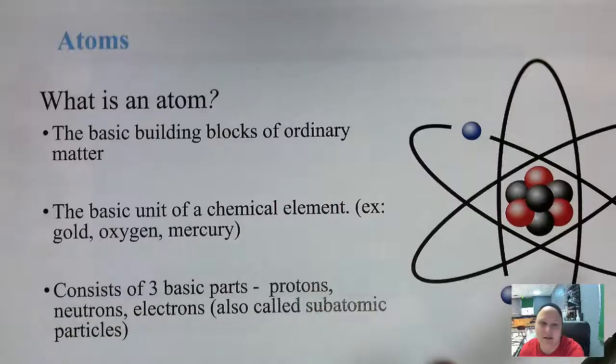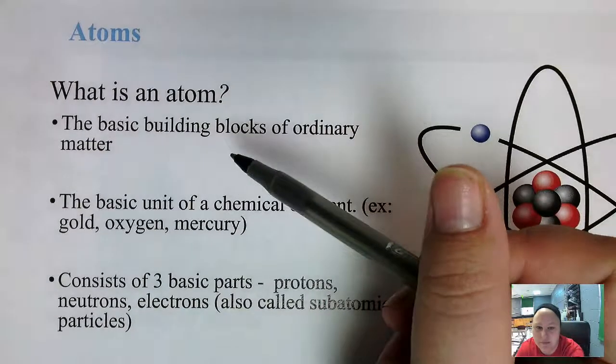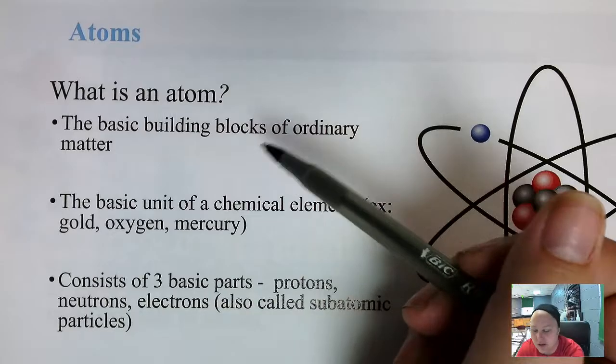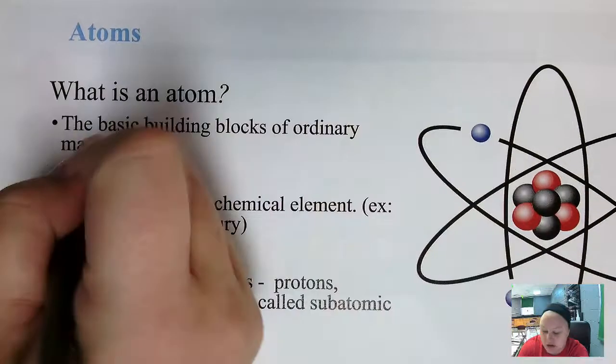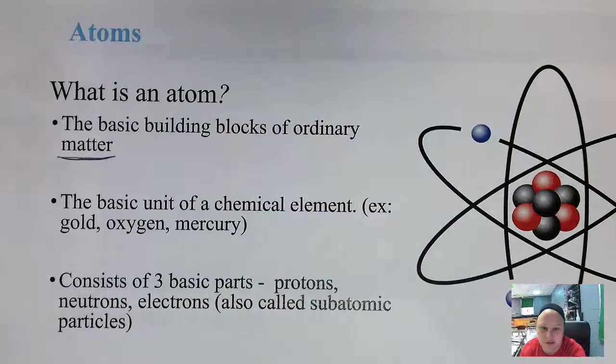But atoms, so what is an atom? It's the basic building block of ordinary matter. Now, matter, that's like everything in the world that's not living, living and non-living. But when we get to humans and animals, we'll be talking about their basic building blocks, and that's usually cells.